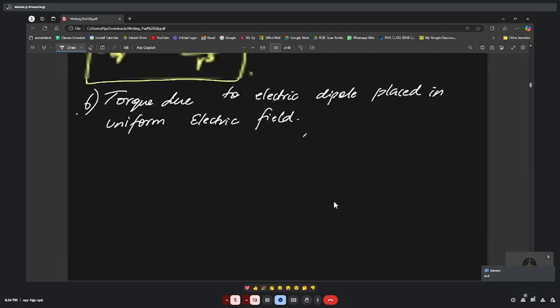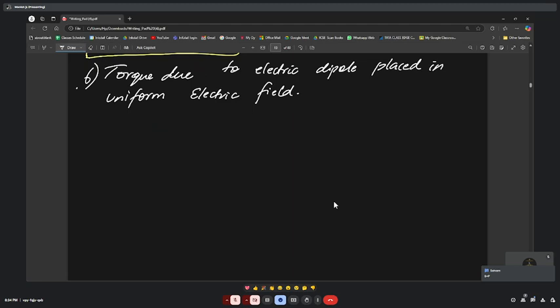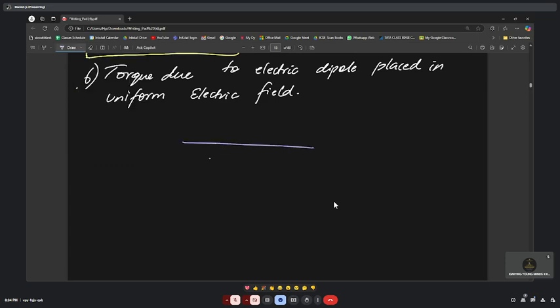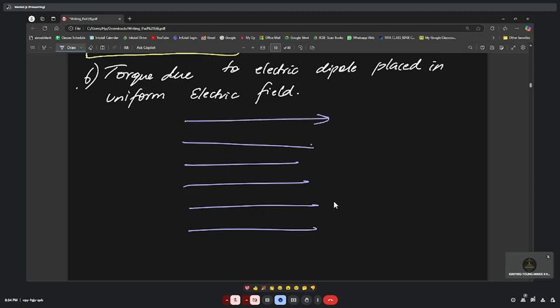When we say uniform electric field, we represent it using parallel lines. So let's draw parallel lines. This represents a uniform electric field.